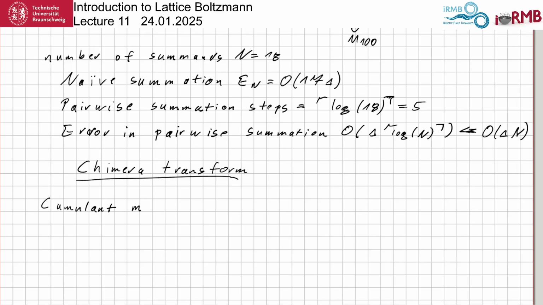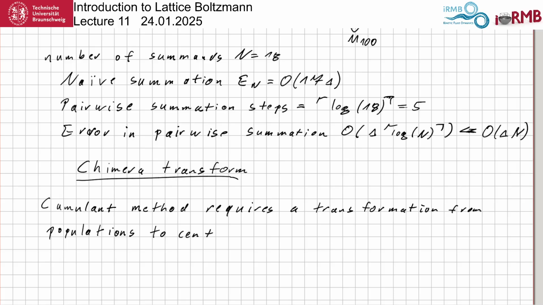So, the cumulant method requires a lot of computations, and in particular, it requires a transformation from populations to central moments.